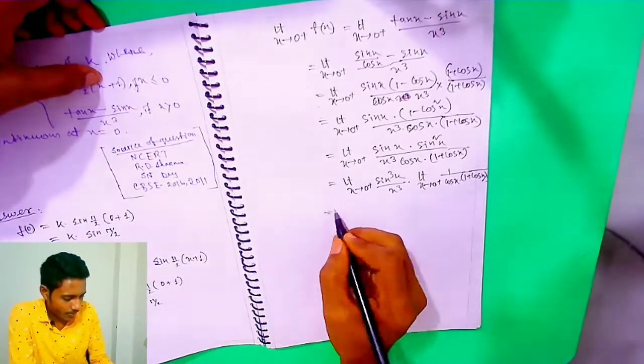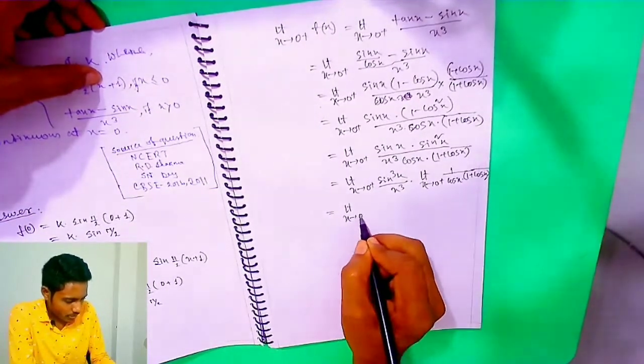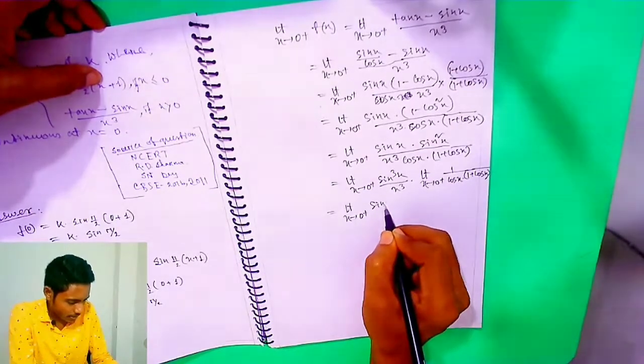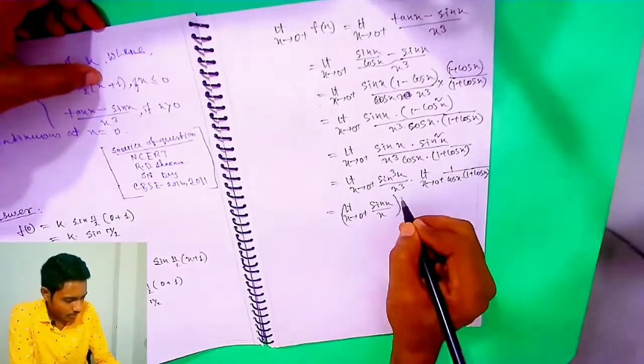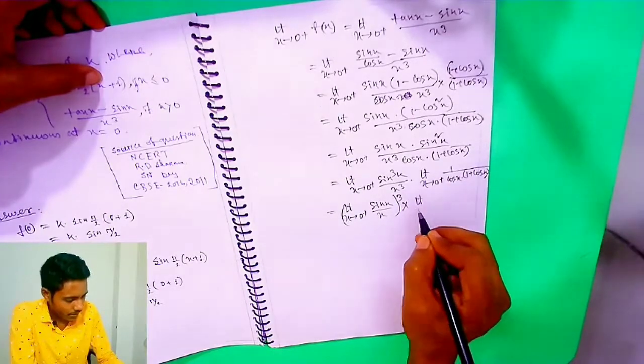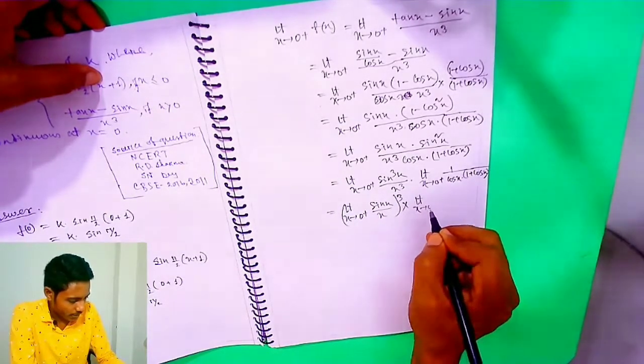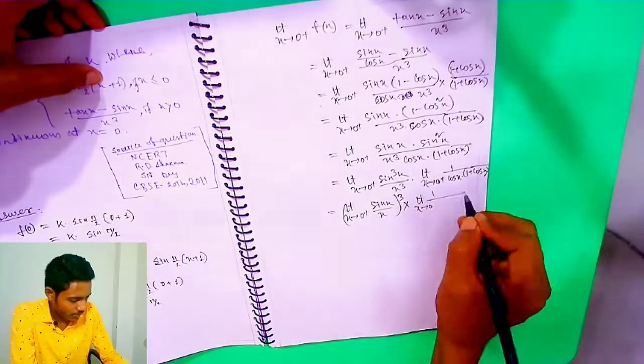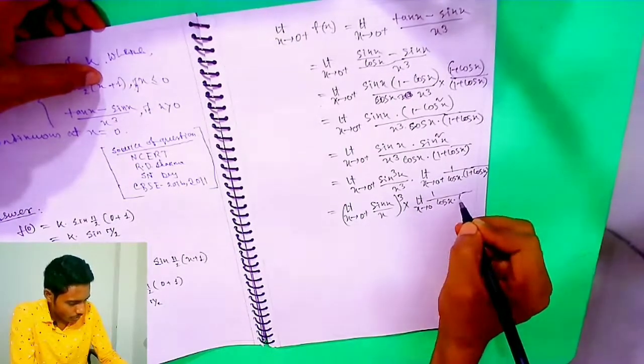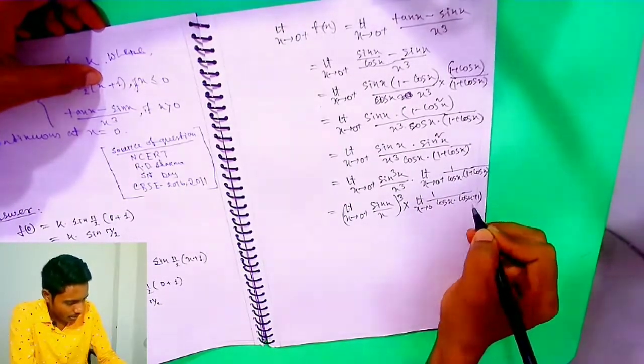This is equal to limit x tends to 0 plus (sin x by x) whole cube, multiplied by limit x tends to 0 plus 1 by cos x into (cos x plus 1).